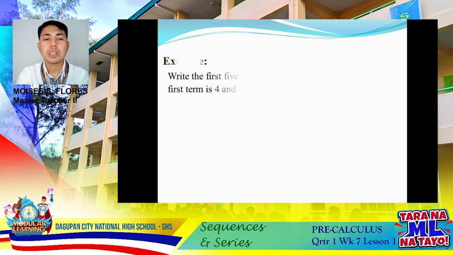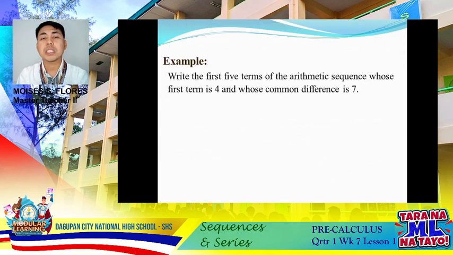As another example, write the first 5 terms of the arithmetic sequence whose first term is 4 and whose common difference is 7. a sub 1 represents the first term, which is 4, and the common difference is 7.